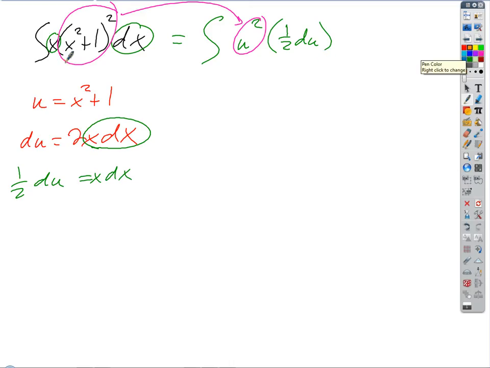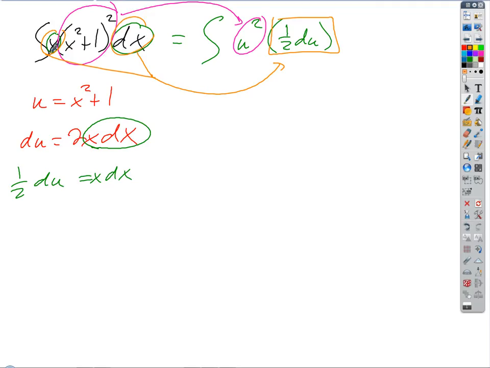So this stuff becomes that stuff, right? I still don't understand where the 1/2 came from. Well, the 1/2 comes from here because du equals 2x dx, but I don't have a 2x dx. I only have an x dx.